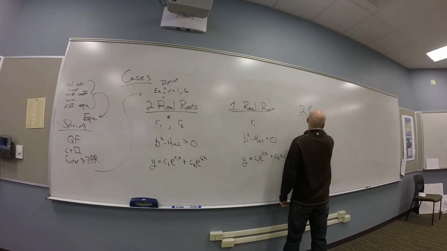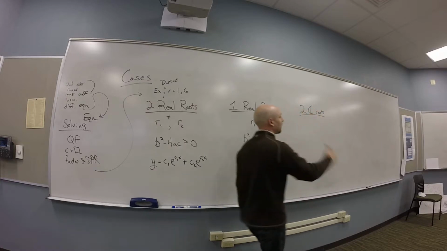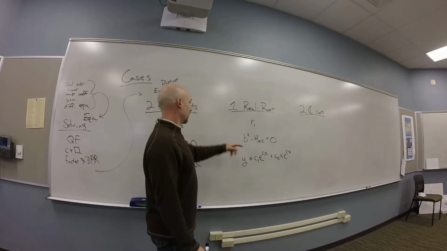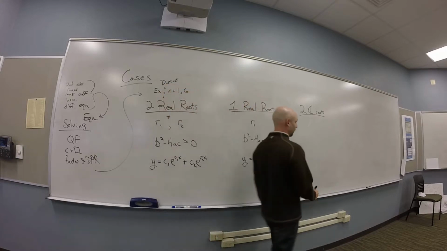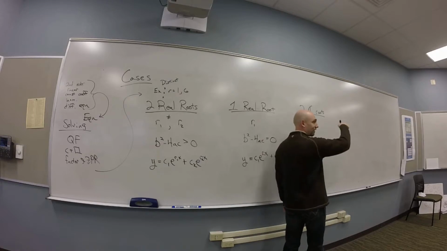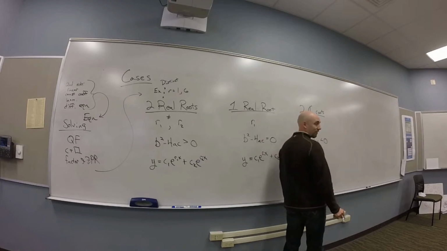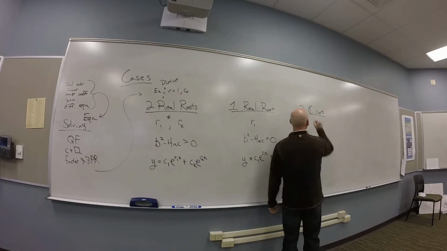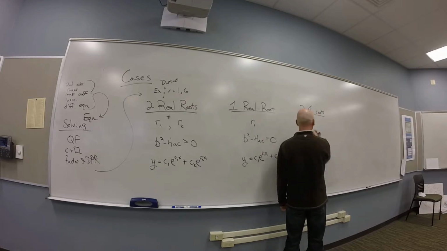That means the discriminant's smaller than 0. So that'd be b squared minus 4ac is smaller than 0. And then my claim is there's another case here. Those should look like a plus bi and a minus bi.